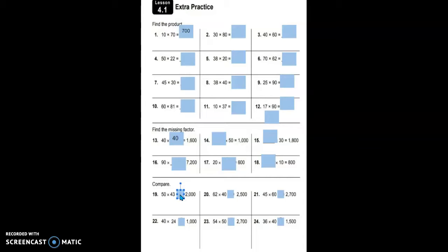If you find M, it's over to the right of M, and you have to press the Shift key and then the greater than sign, and it'll pop right in there for you. Alright, so that's how we're going to do that page.